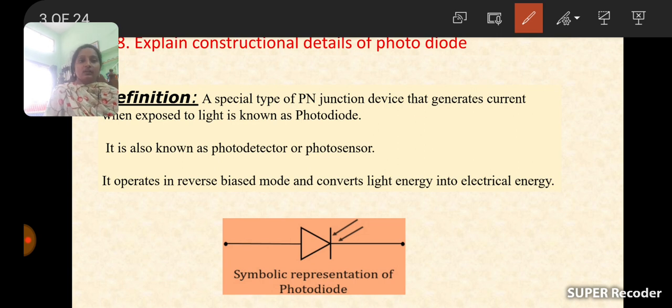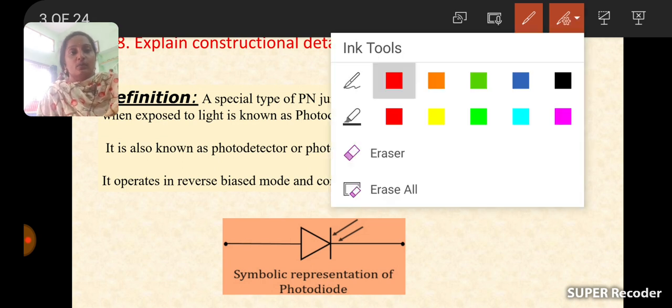And it operates in reverse bias mode and converts light energy into electrical energy. So this is about what the principle is and what is meant by photodiode.